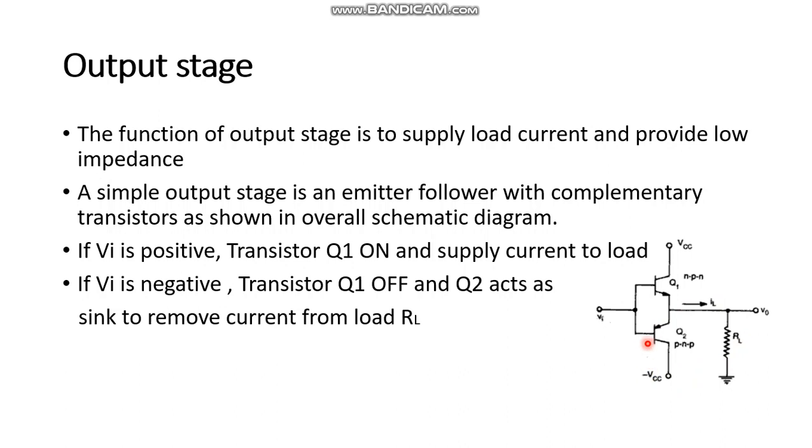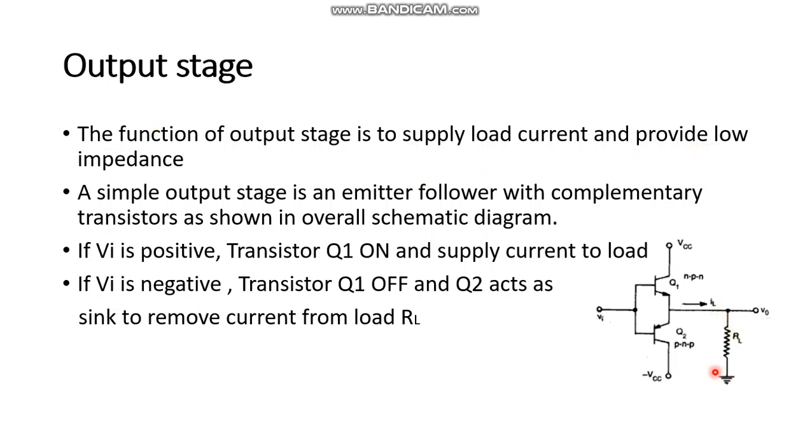So two supplies are required here, VCC and minus VCC. We hope you understand why minus and plus VCC. This one is required to circulate the current in this direction, and this one in the other direction. This is on, this is off, and vice versa. It supplies load current and provides low impedance.